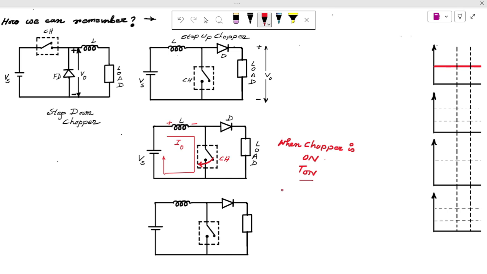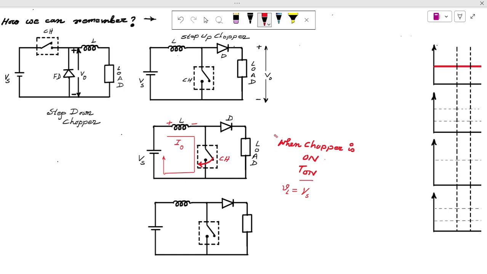In short, the voltage across the inductor VL will be Vs. There will be current flow through this shorted chopper path, and current flows through the inductor.